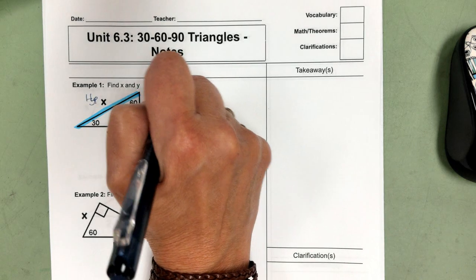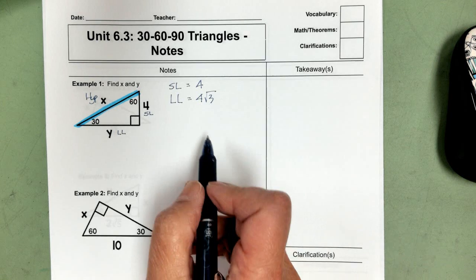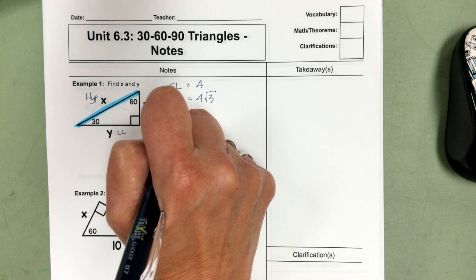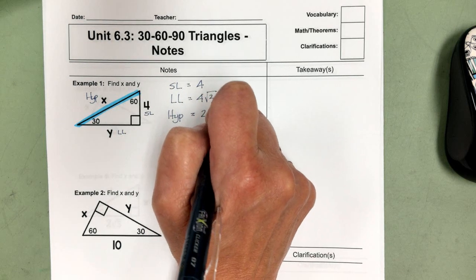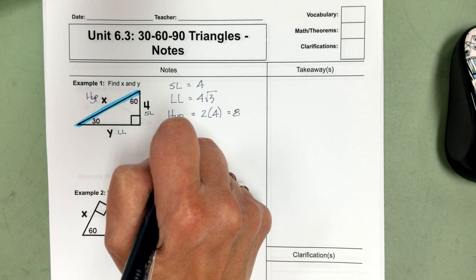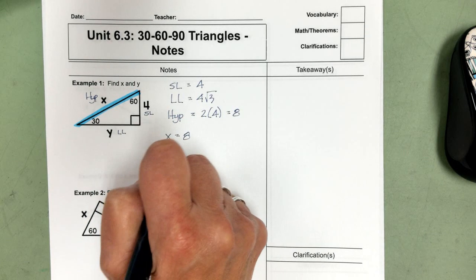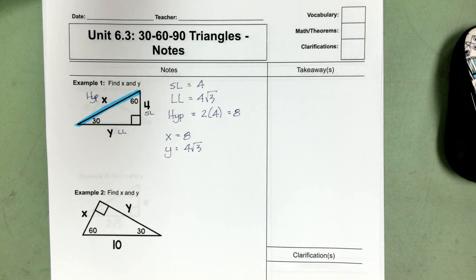Short leg equals 4. To find the hypotenuse, we take 2 times the short leg, which gives us 8. So that means x equals 8, y equals 4 square root of 3.